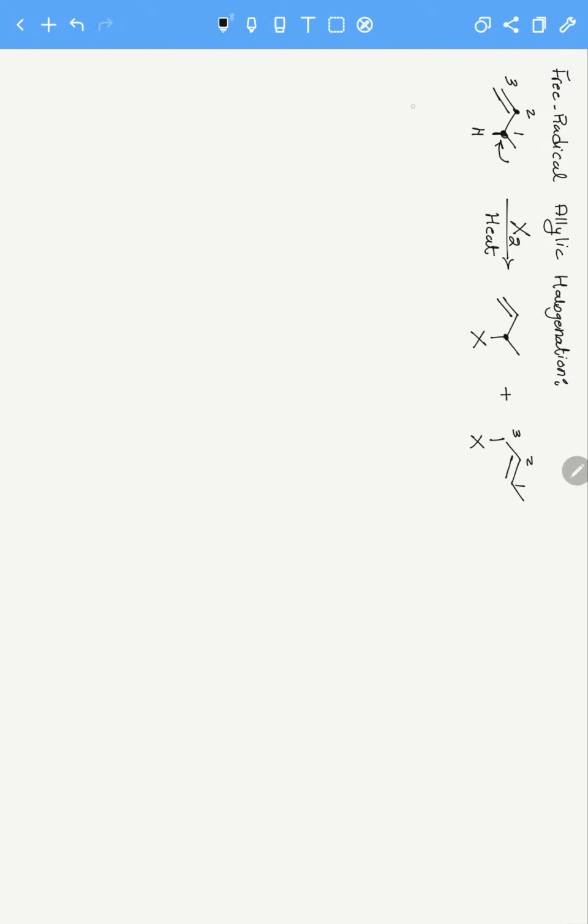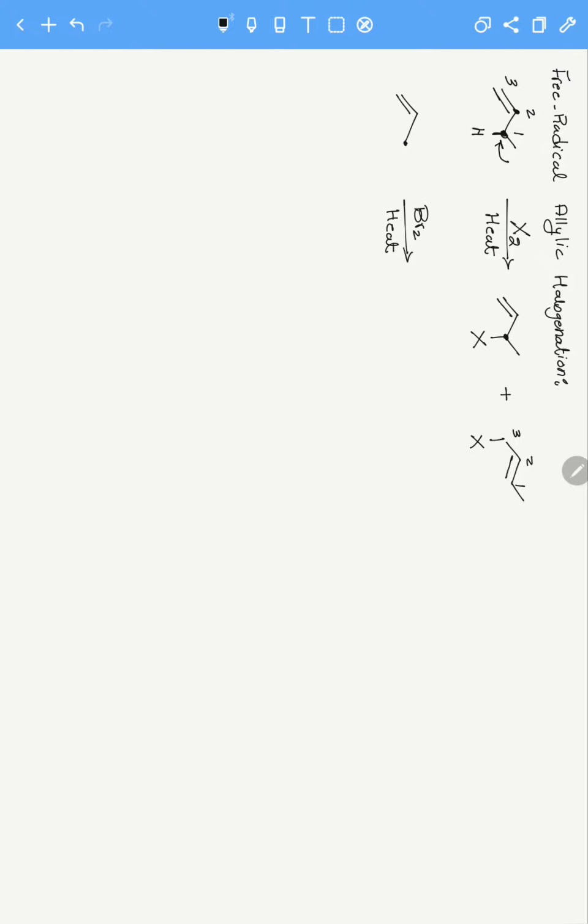So for example, let's say we were given this compound and the reaction was Br2 and heat. To draw the product, so this will be the allylic position. Let's assume for now that they don't exist.